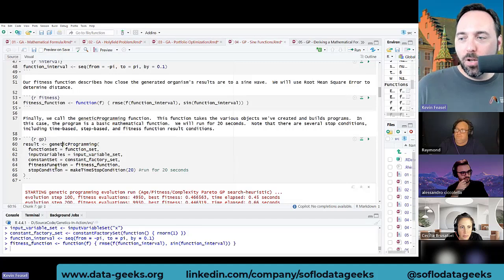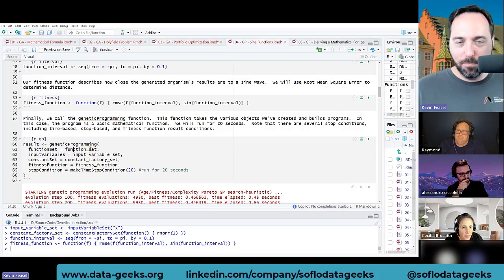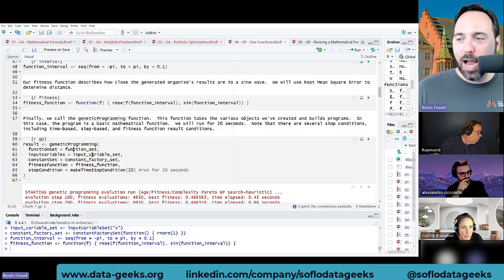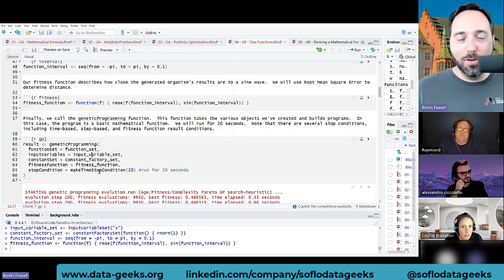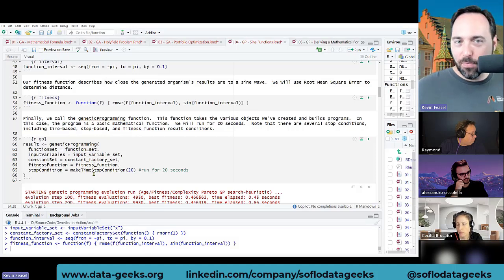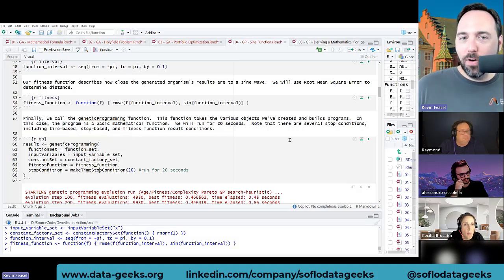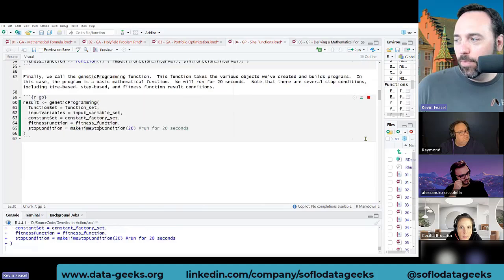And we're going to call this genetic programming and send in my function set: plus, multiply, subtract. My input variables, we've got one variable, x. My constants factory set, my fitness function over that range, and I'm going to let this run for up to 20 seconds.